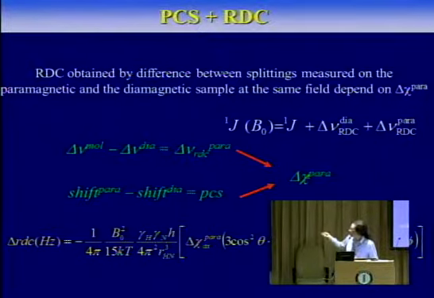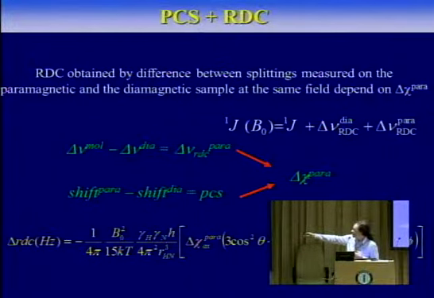So this is what I was mentioning about cancelling out the effect of the diamagnetic protein frame. If you subtract the chemical shifts in a paramagnetic and diamagnetic, otherwise identical system, which you can produce, for example, by reintroducing calcium, which is diamagnetic, in the protein, you can do the subtraction and obtain the pseudocontact shifts.